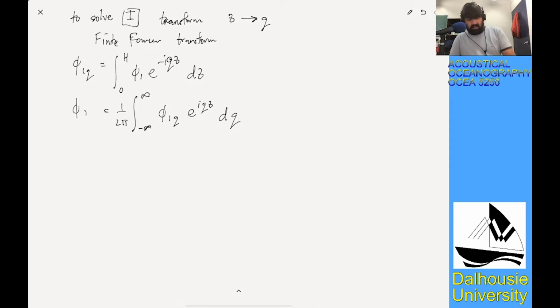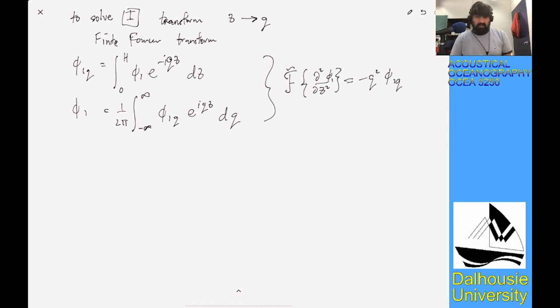And of course, all the details of our reasons for choosing this you can get into. But the nice thing here, without going into too much detail, is that, let's call this f tilde, of d squared by dz squared of phi 1 is going to be minus q squared times the transformed field phi 1 tilde of q, okay?